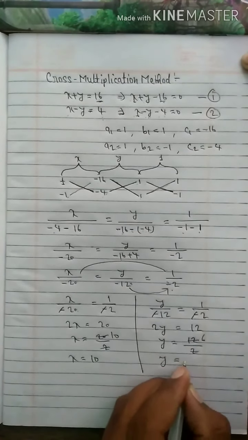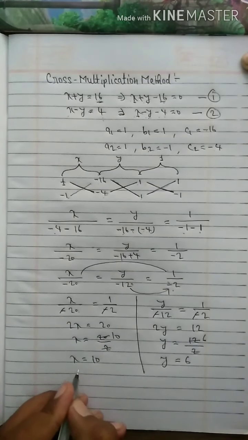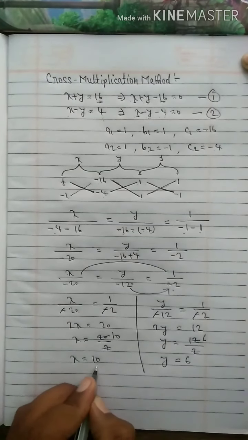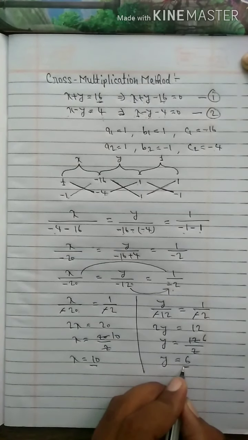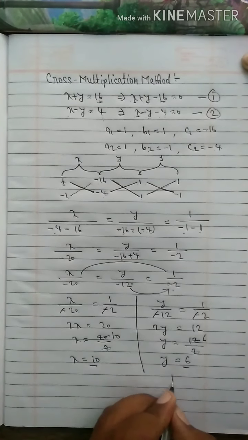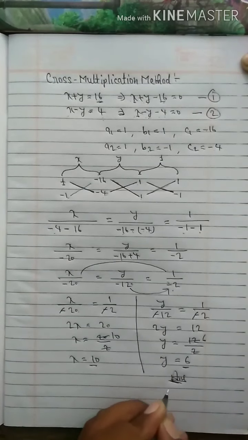So now here we get x equal to 10 and y equal to 6, so now this is your cross multiplication method. So this is your answer.